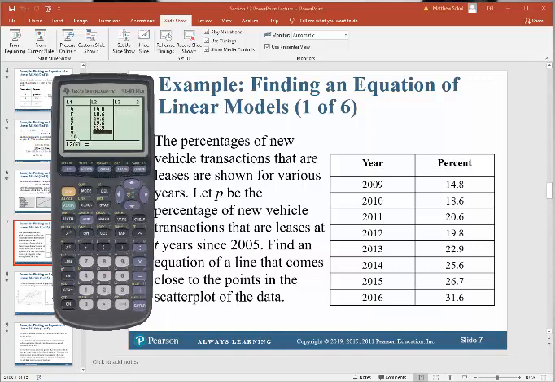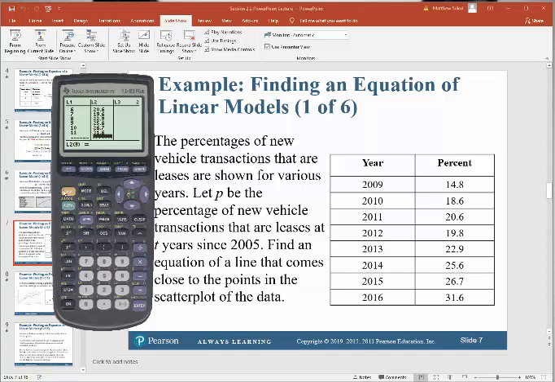They have to correspond to the accurate value. 25.6, 26.7, and then finally 31.6. Okay, 9 times out of 10, if you see an error in the next thing I'm going to do, it's because you didn't input the data correctly. So just keep that in mind.